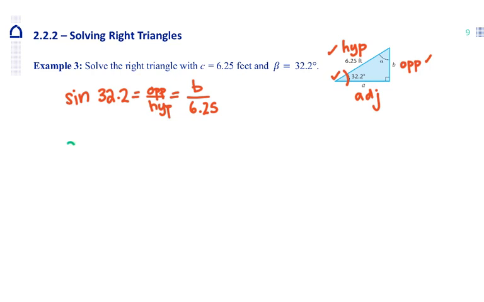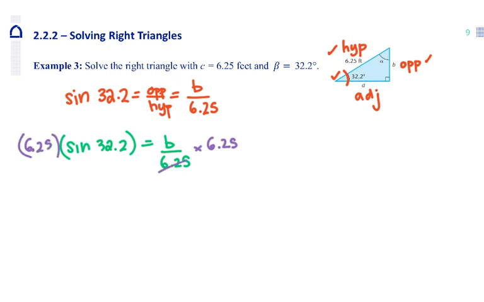So just to rewrite this, the sine of 32.2, which is just a number in my calculator, equals b over 6.25. If I want to find b, I'll just multiply both the left and the right by 6.25. And this will cancel, and we'll be left with the fact that b equals approximately, there's a lot of decimal places, so I'll take just the first few significant ones, 3.33. So we found that missing side.